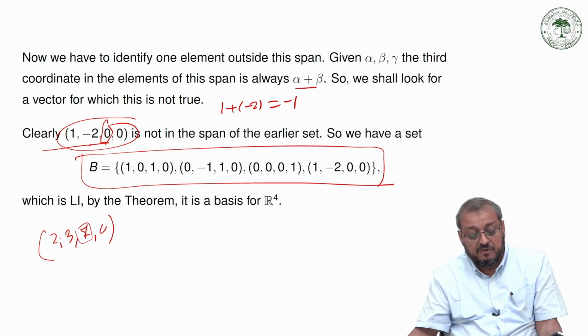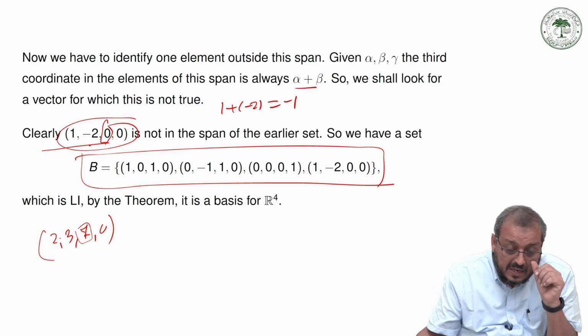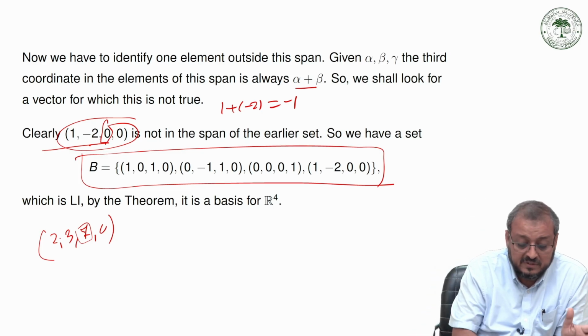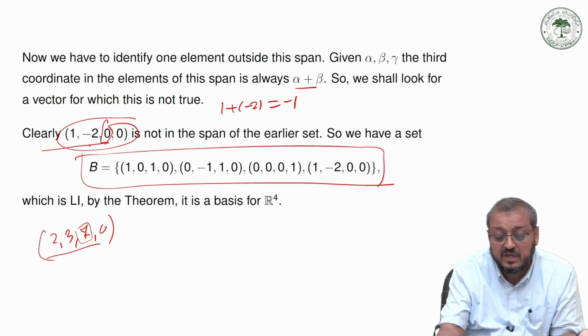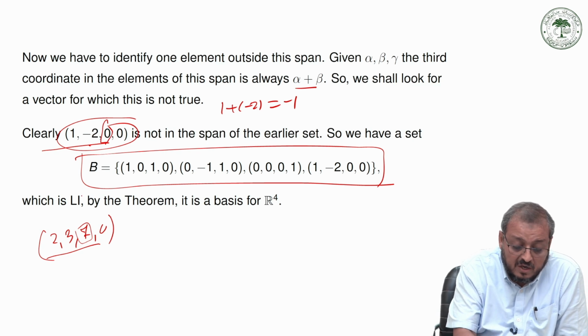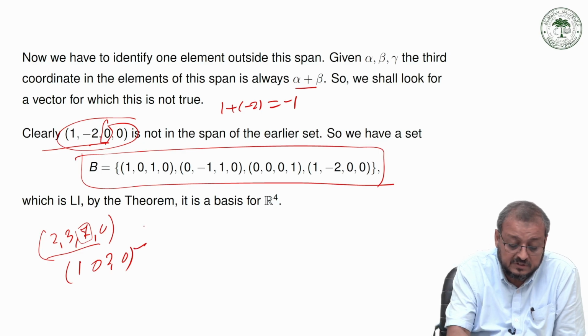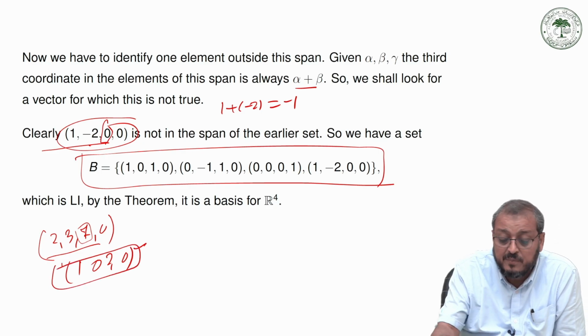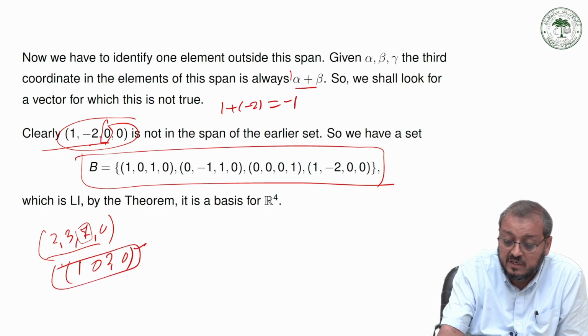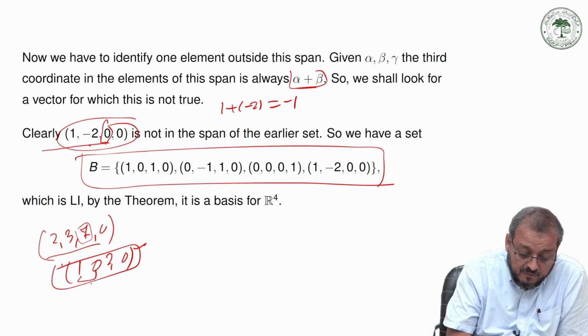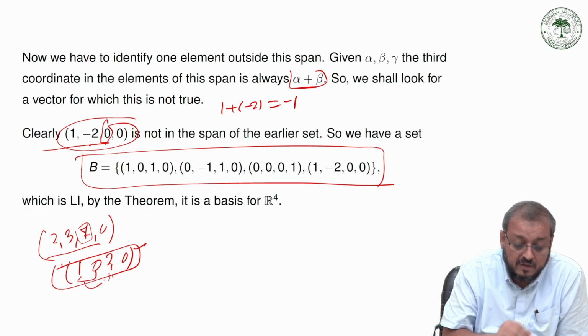Or we can also choose 1 0 2 0. We choose it in such a way that it does not belong to this span, and the sum of the first two is not the third.